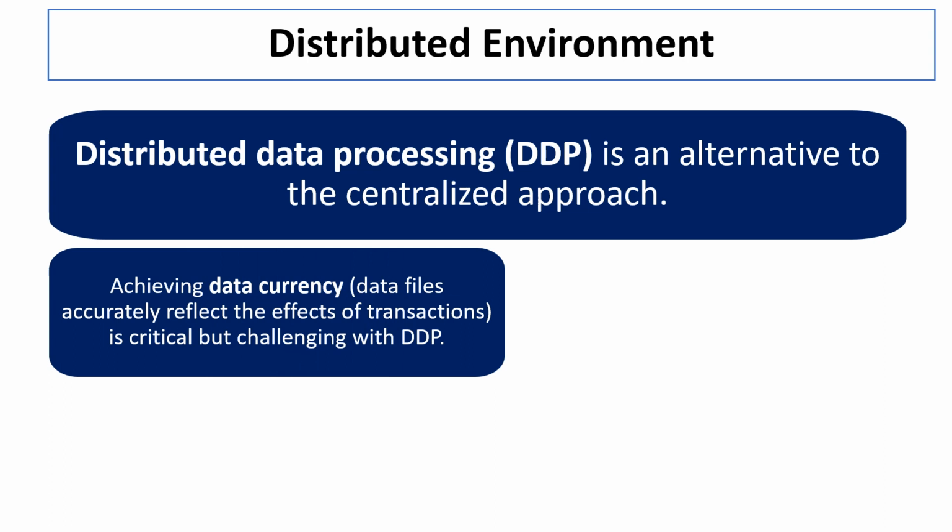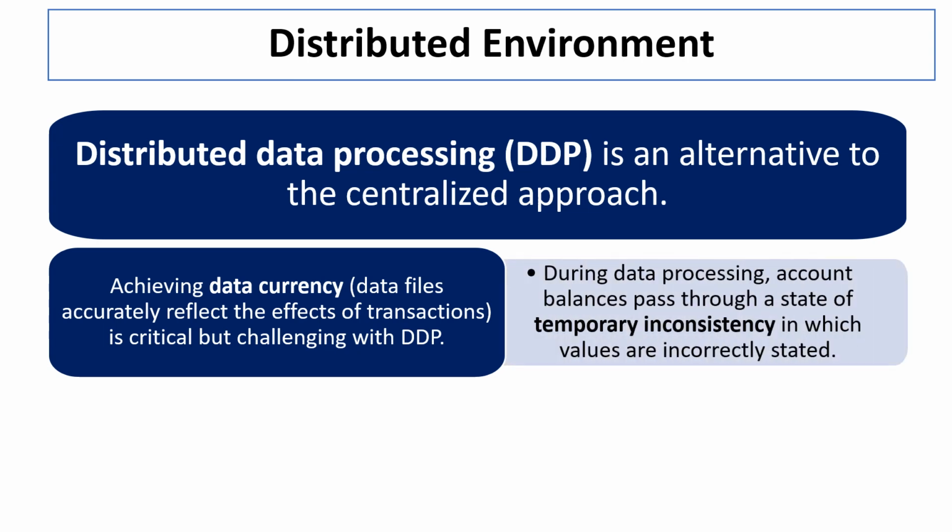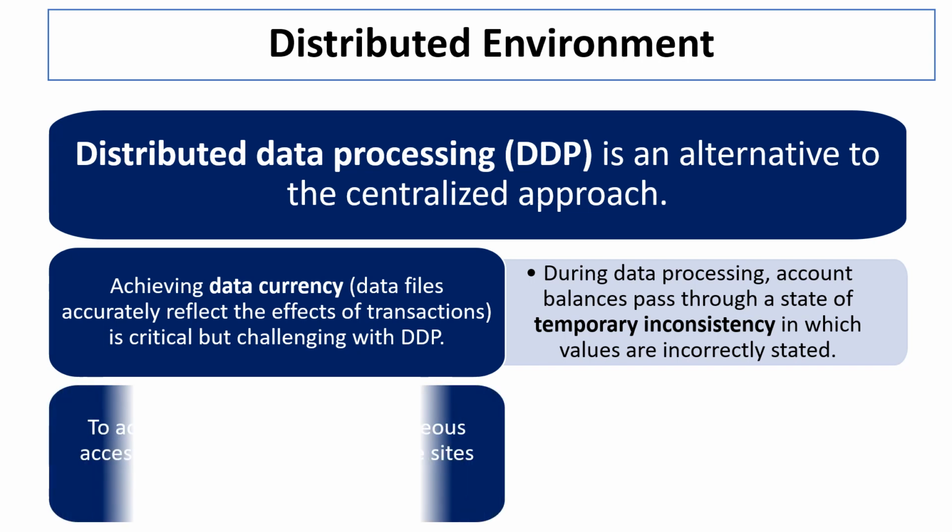Achieving data currency, meaning data files accurately reflect the effect of transactions, is critical but challenging with distributed data processing. During data processing, account balances pass through a state of temporary inconsistency in which values are incorrectly stated.